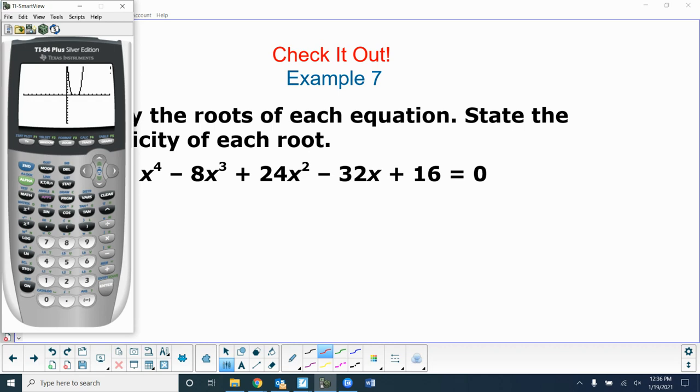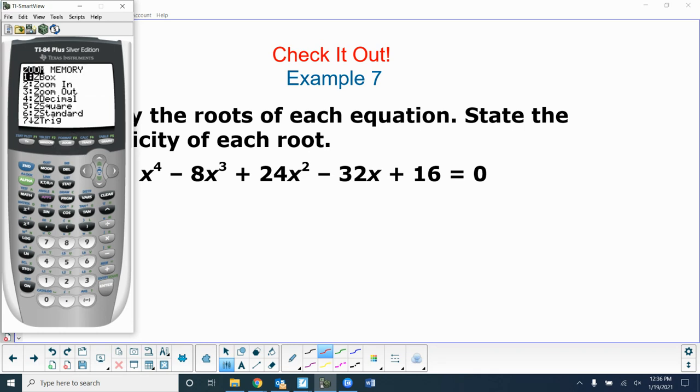Down, up. Oh, maybe it's just bouncing off there. If it's bouncing off there, what am I expecting? At least 2, right? But it could be 4 because it's even, right? When it bounces. Now I'm going to zoom in on that to make sure it's bouncing off at the 2.